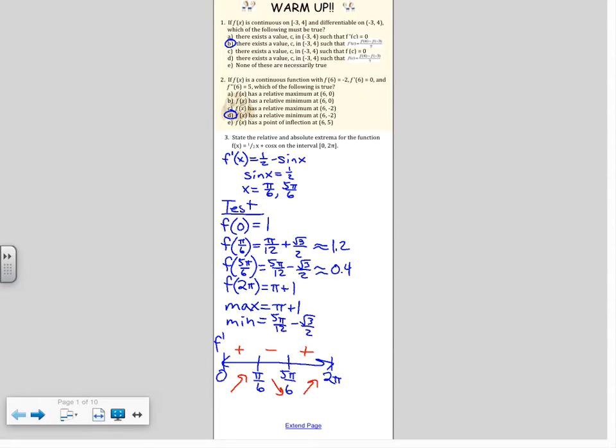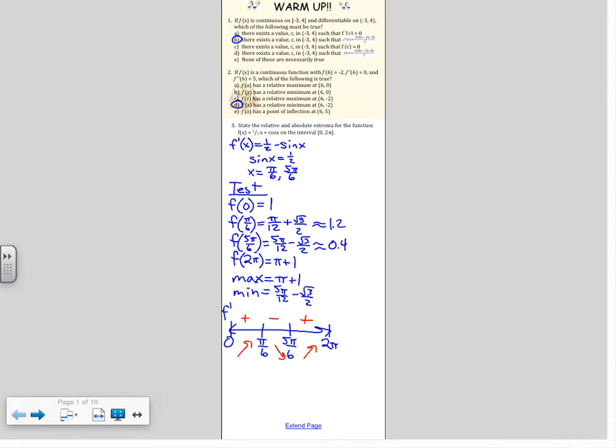So we end up with a rel max at pi 6, and then we already found the y value was pi 12ths plus root 3 over 2, because f prime changes from positive to negative.